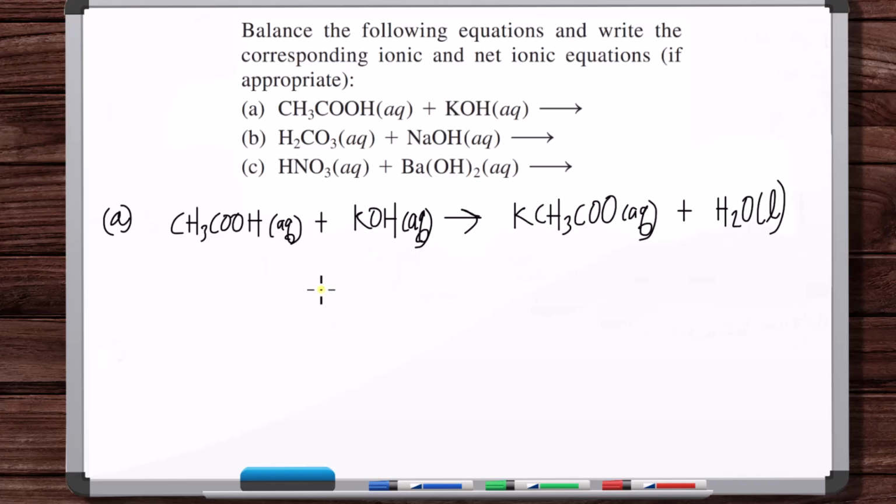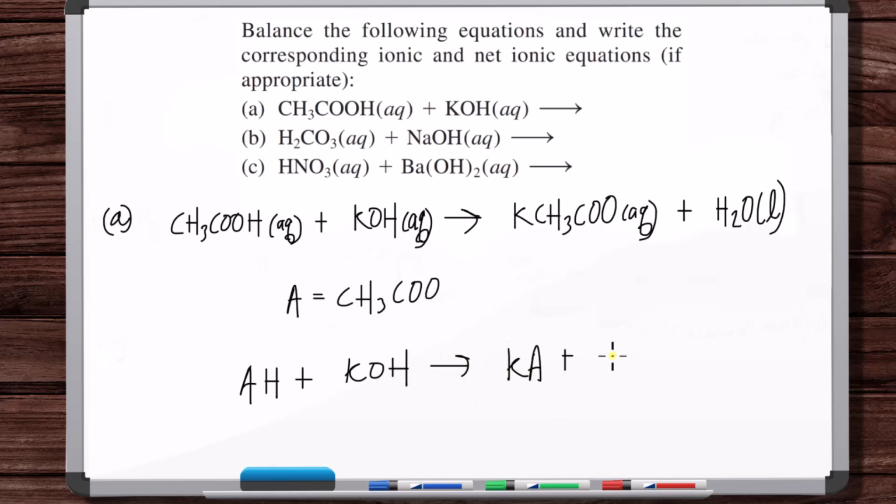So let's call it A: you've got AH plus KOH gives KA plus water. Okay, so the A's are balanced, the K's are balanced, the O's are balanced, and the H's are balanced. So this is already balanced. So there's the molecular equation.